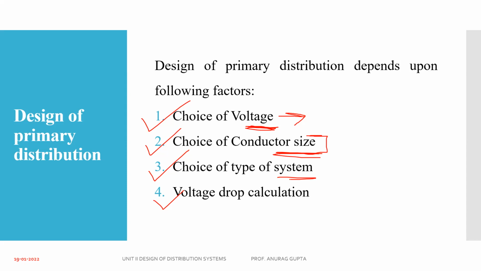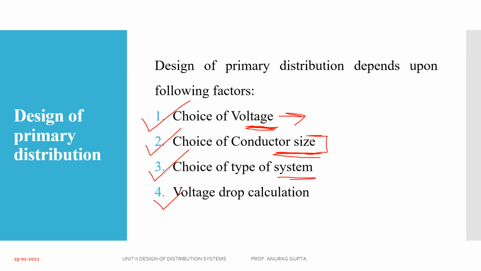So if there is any fault in the radial system, because the power flow is in only one direction, the power flow will be stopped. So this system is not reliable, not secure for heavy load, or we can say for industrial load consumers.